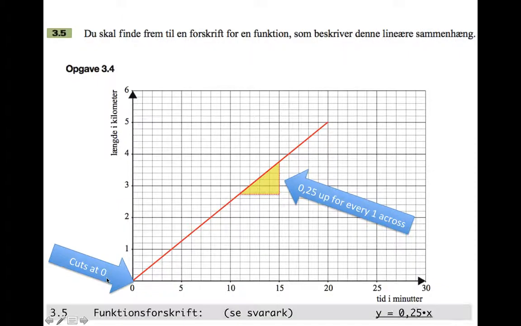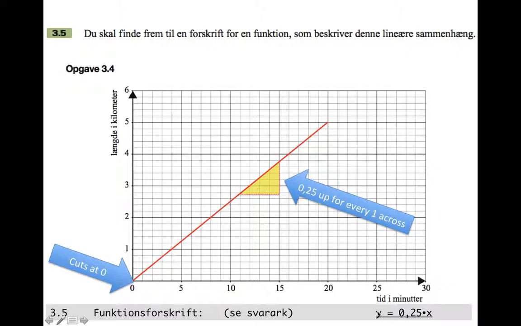So the equation of the graph is going to be y equals 0.25 times x, where x is the time in minutes and y is the length in kilometers. So 0.25 for x for the gradient, the number in front of x is always the gradient, the steepness, and then nothing on the end, so in other words plus 0 on the end because it cuts at 0.